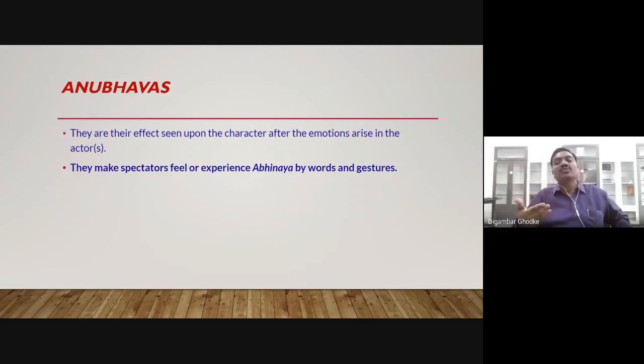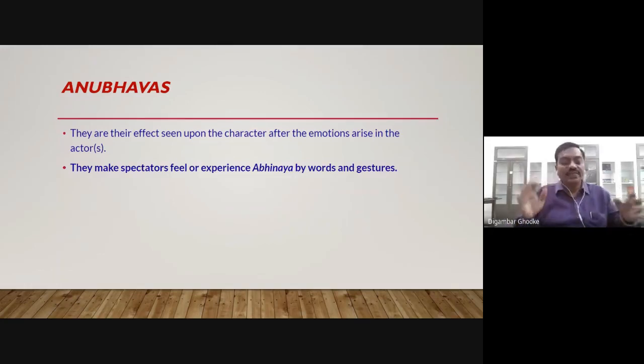So the effect seen upon the character after the emotions arise in the actor. So they are anubhavas. They make spectators feel or experience abhinaya. Who? Actors. They make the spectators, the audience, feel or experience.